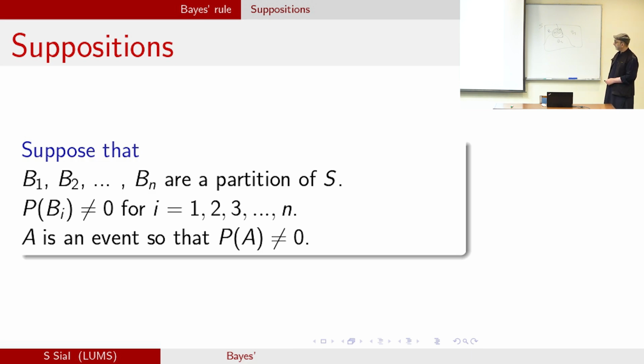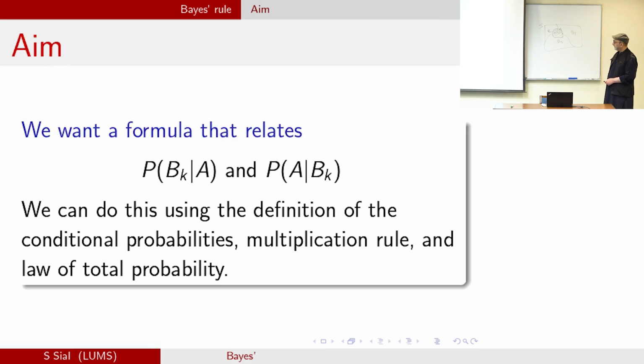Okay? Then what we're going to do is we're going to come up with something that relates the probability of A given BK with the probability of BK given A. Okay? Because sometimes you have this one, but you actually want that one, or you have that one and you want this one.